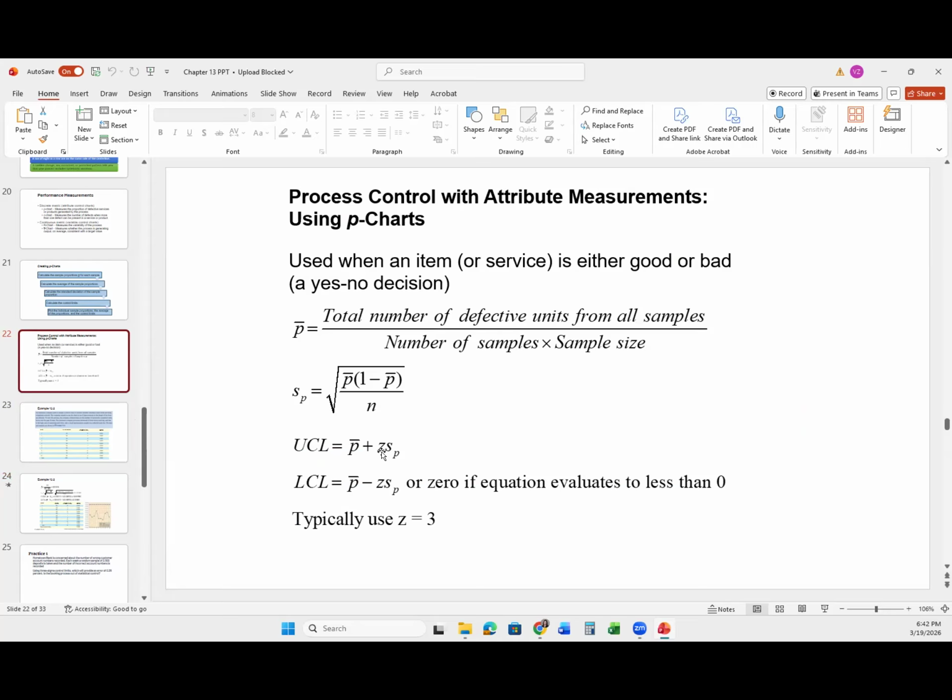In general, Z equals 3, which is what we typically use. But for the homework you did, they probably give you exact numbers, like 1.96 as the confidence level we use, then Z equals 1.96. Does that make sense?